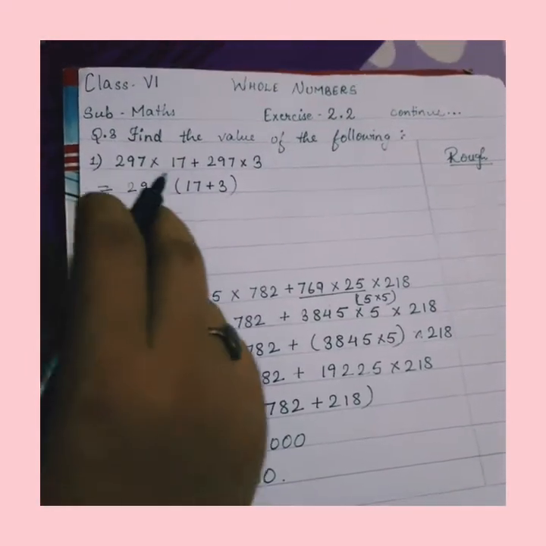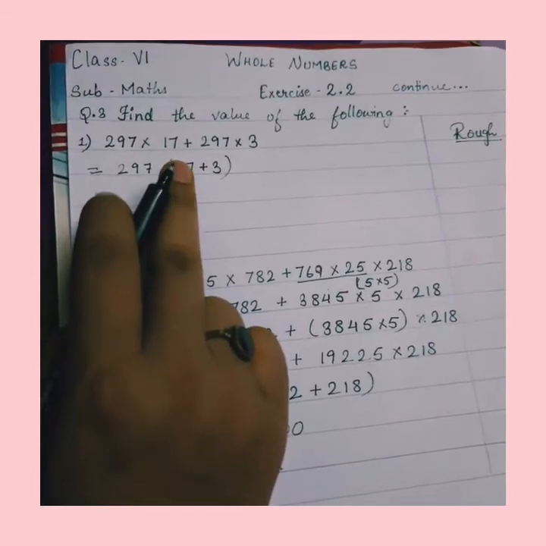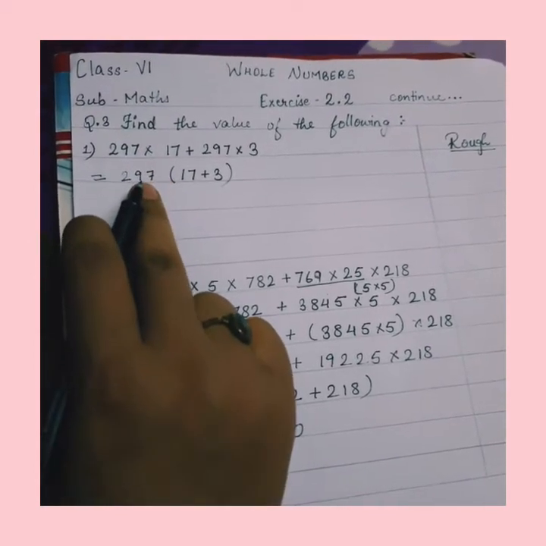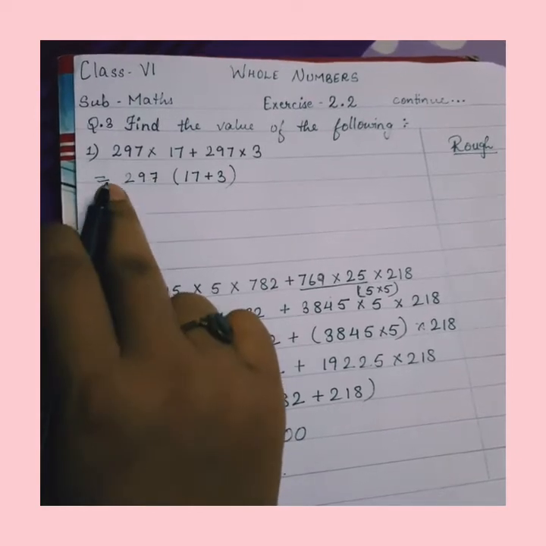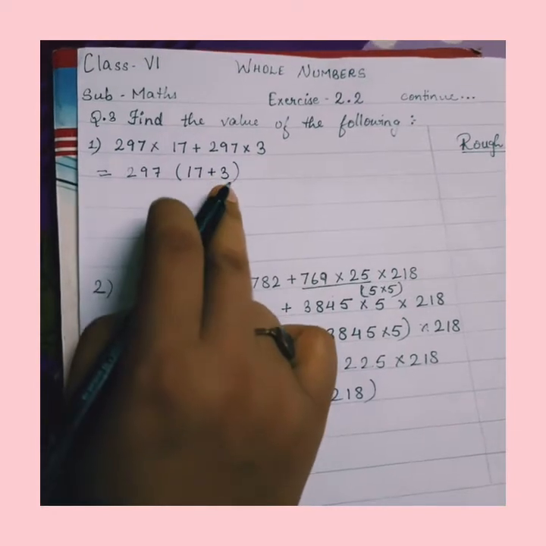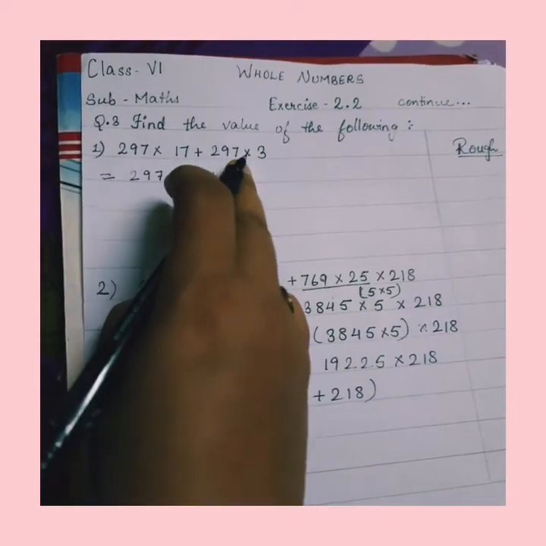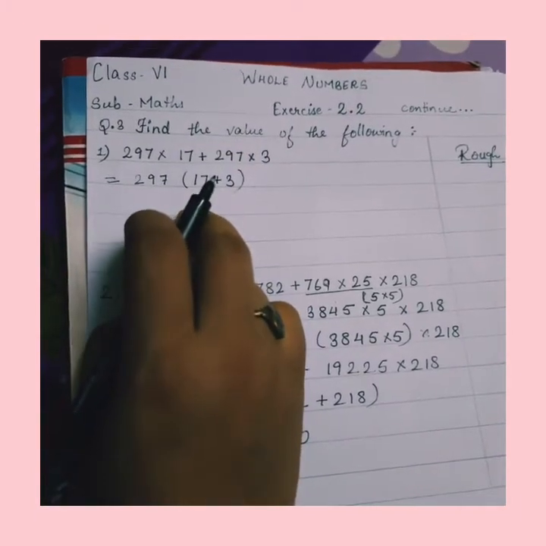You can also say that this is the opposite of distributive law. In distributive law, whatever the number is outside the bracket, that is to be multiplied with both the numbers which are inside the bracket. Here that is already done for you and you have to do the opposite.